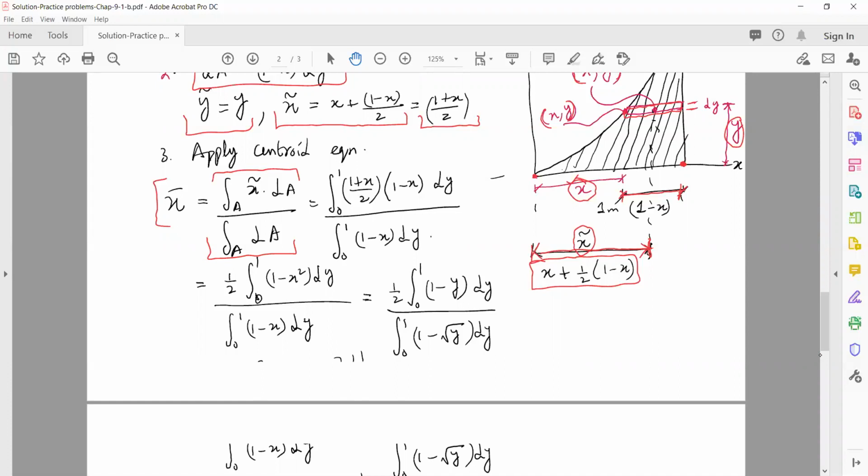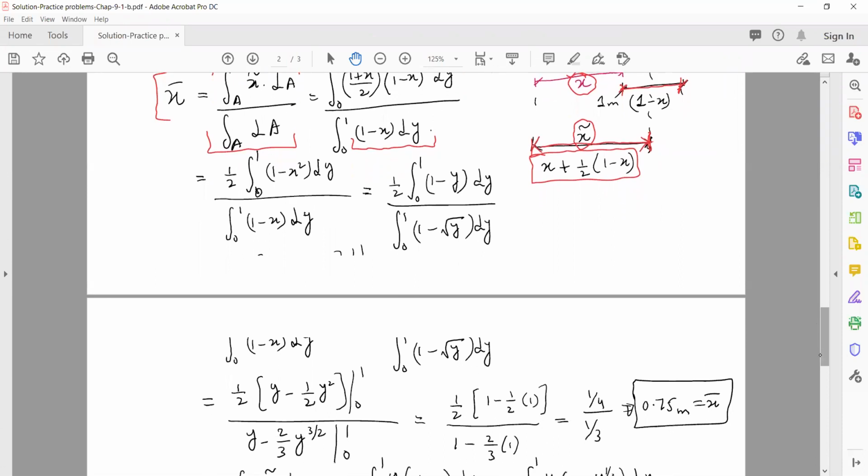Putting in the values, at the top we have 1 plus x divided by 2 times 1 minus x times dy, and at the bottom we have 1 minus x times dy, just the area of the element.